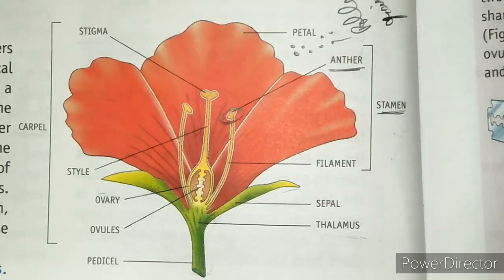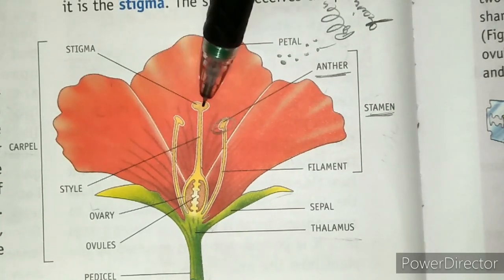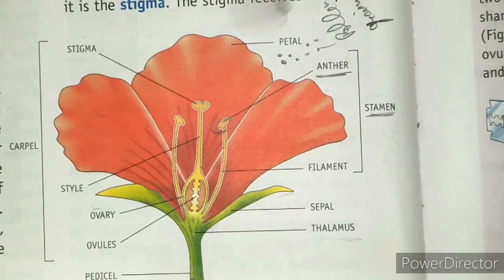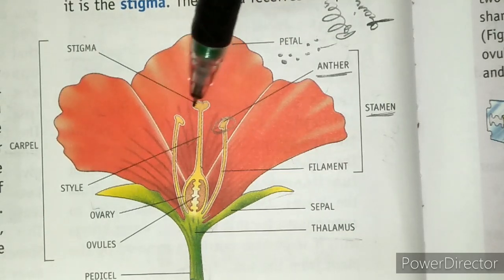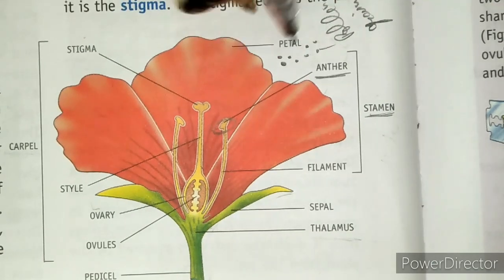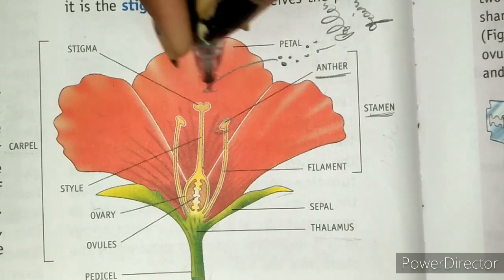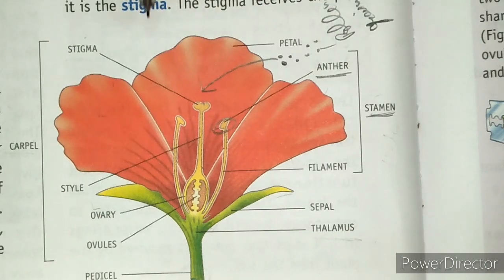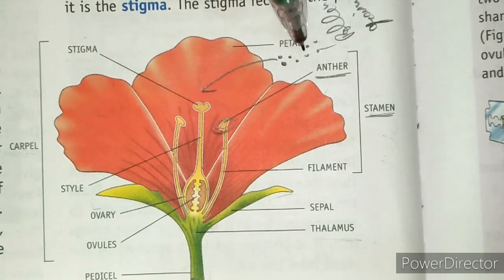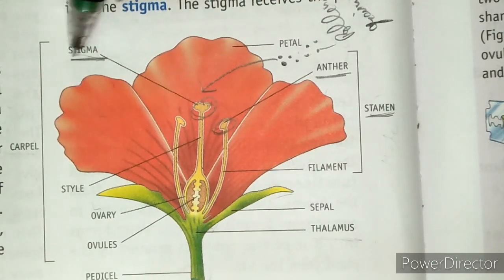And afterwards, how do these pollen grains stick here? What is this part called? So students, these pollen grains go in many ways by the process of pollination. With that these pollen grains stick to this portion, and this is known as stigma. Clear?